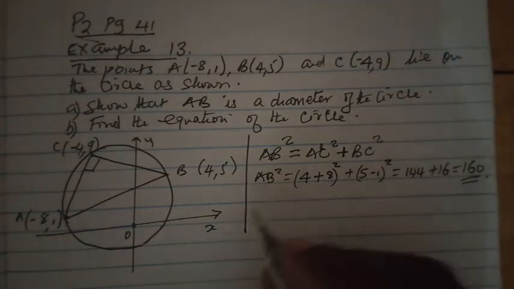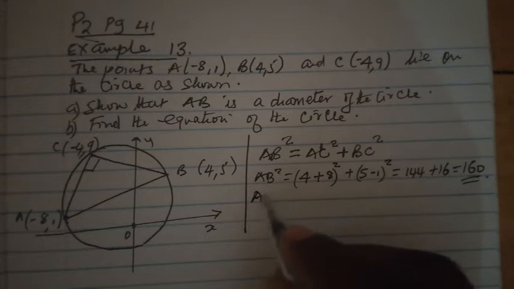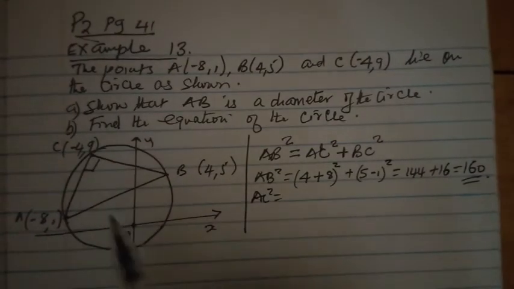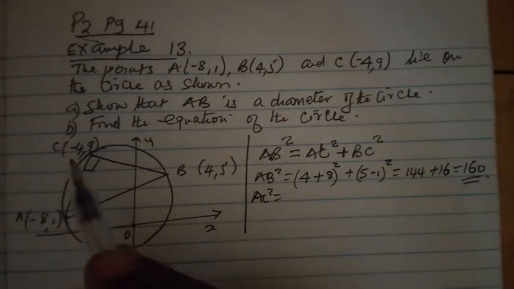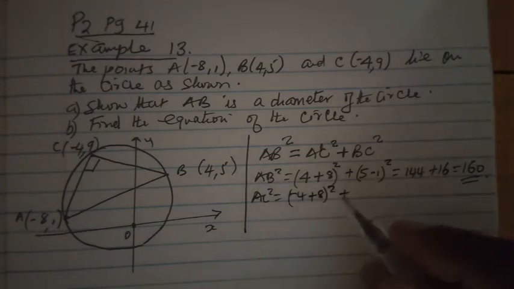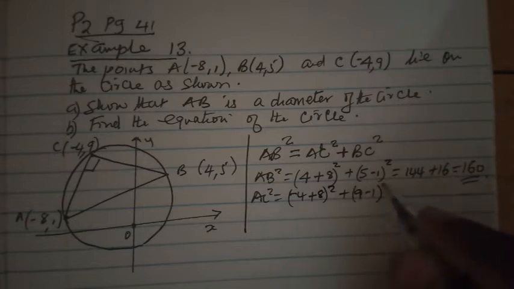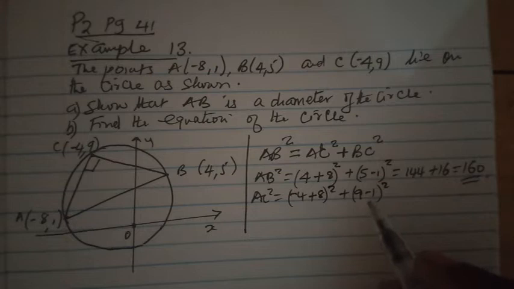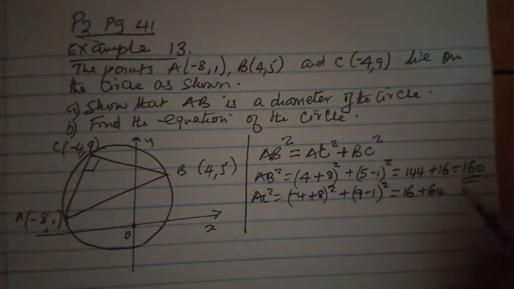What about AC squared? It is the same thing: (-4 minus (-8)) squared plus (9 minus 1) squared. 4 squared is 16 plus 8 squared, which is 64, so this is basically 80.